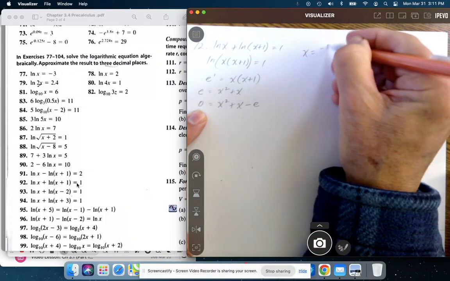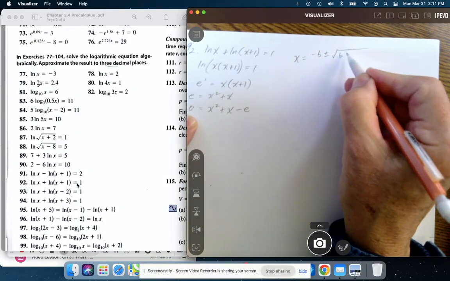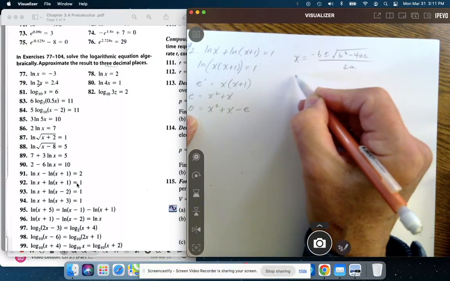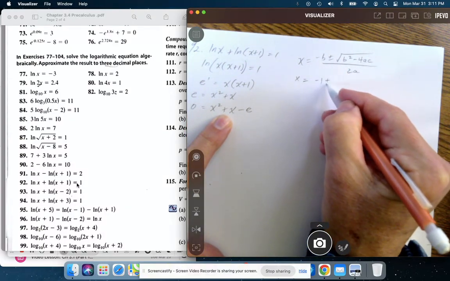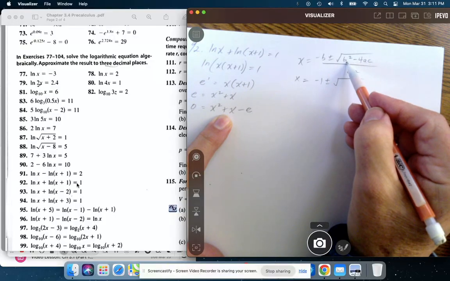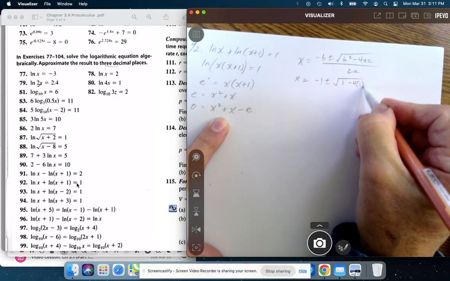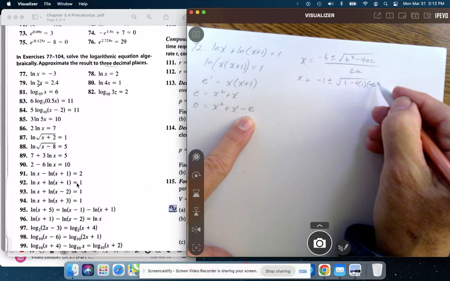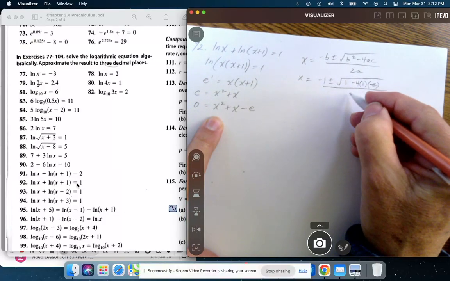X equals negative b plus or minus the square root of b squared minus 4ac all divided by 2a. So negative b is 1, so it's negative 1 plus or minus the square root of b squared, which is 1 squared, which is 1, minus 4 times a, which is 1, times c, which is negative e, over 2 times a, which is 1.